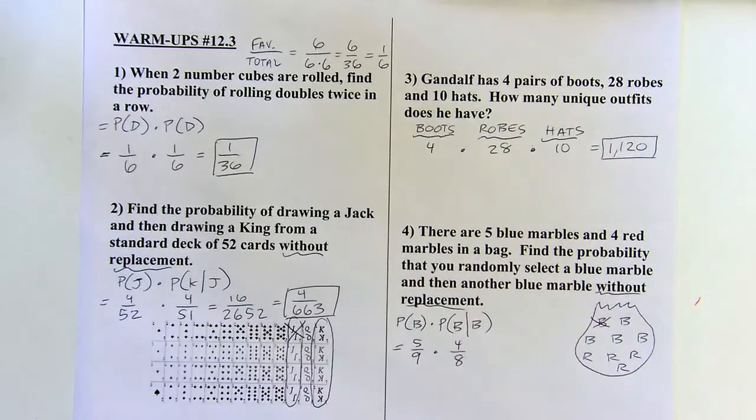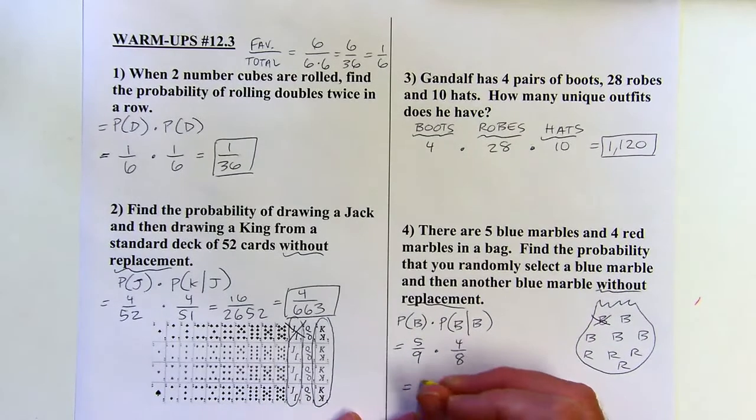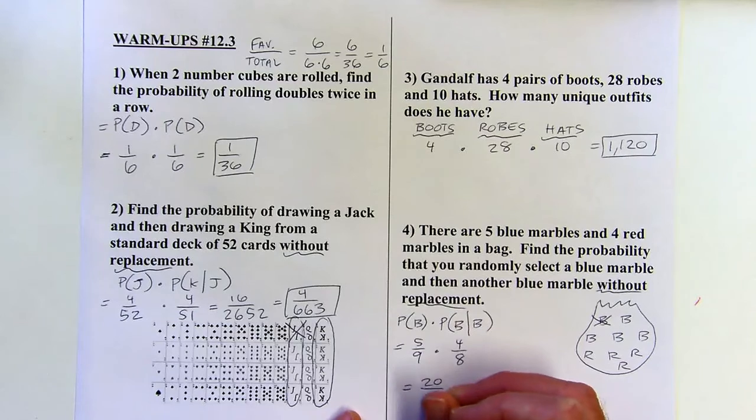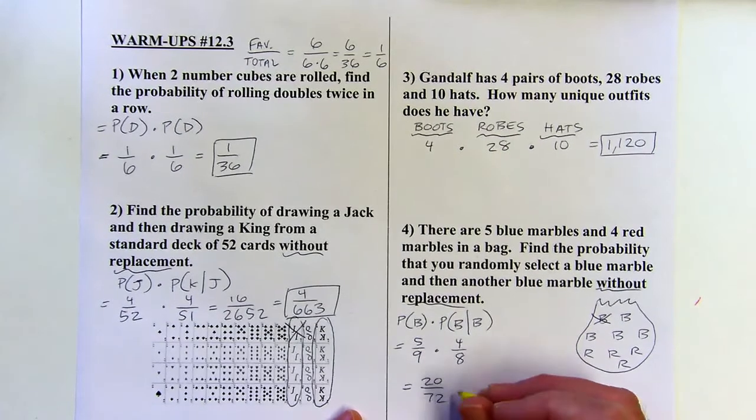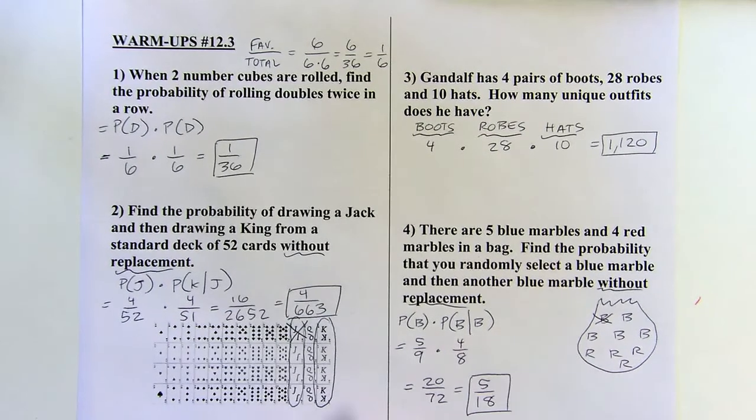And then multiply straight across. I'm going to get 20 over 72. And that's going to reduce as well. You can divide the top and bottom by 4, and that will put you at 5/18. Okay, that's the end of the warm-up, and I'll see you next time.